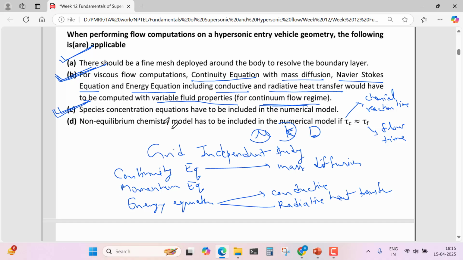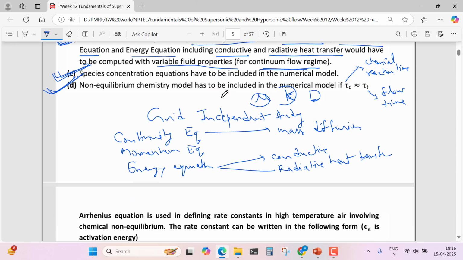Both equations we have to include. So this is also a true statement. So for this problem, all four options are correct. Is there any doubt? If no, then we will see the next problem.